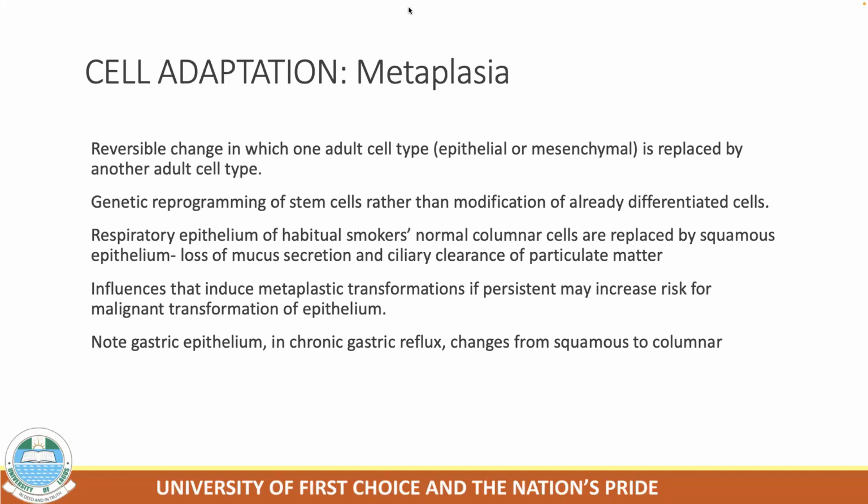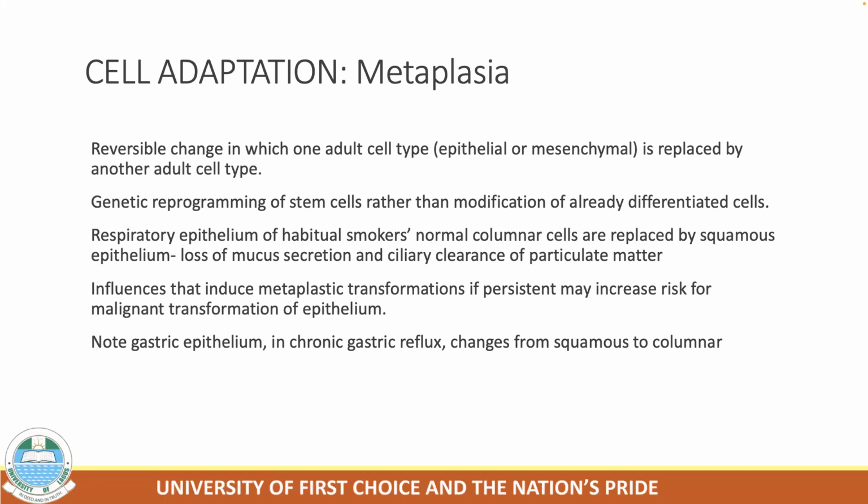I recall that you must have lost me when I was talking about the kind of transformation that happens in respiratory epithelium. So what I meant is, for habitual smokers, what should line the throat really is adult columnar cells, which are ciliated.